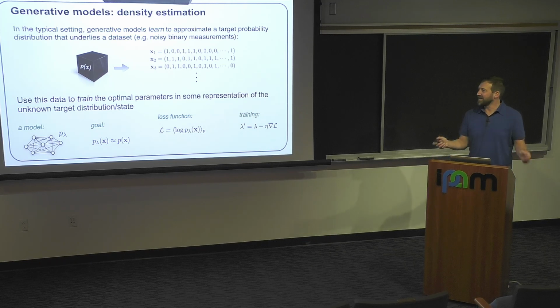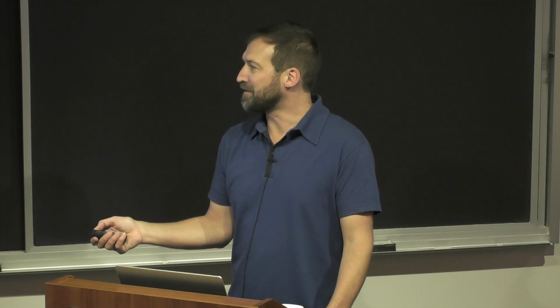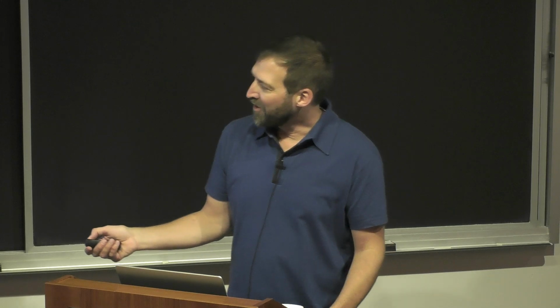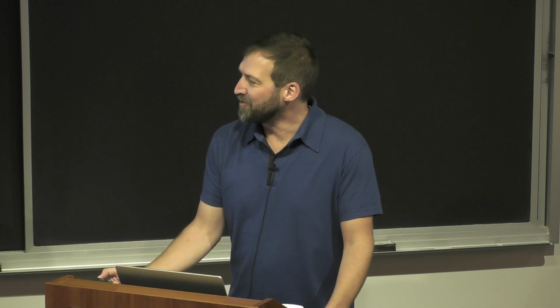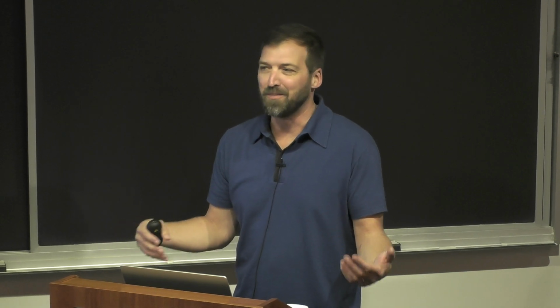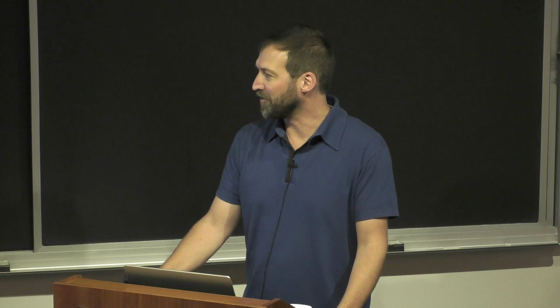So the entire setting is really taking that data and then using it to fit parameters in what I'm calling a model. And the model is something that's parameterized, and I'll use lambda, just to be a catch-all for all the weights and biases, all the structure that goes into all these various generative models.